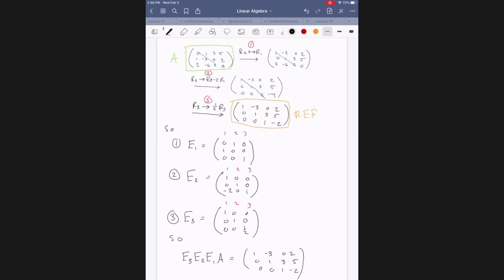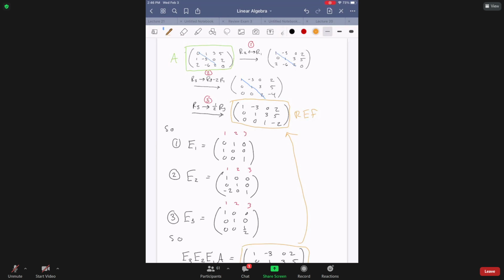So that's this orange matrix that I got right there. Notice that everything we did by hand can be expressed formally as a matrix multiplication of elementary matrices.